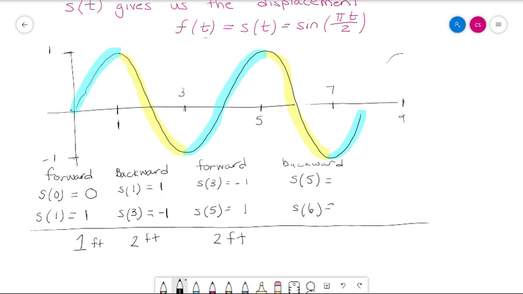In 6 seconds, that's the 0, right? We can also plug it in here. 6 divided by 2 is 3. 3 pi, sine of 3 pi is 0. All right, and we see that s of 5 is starting at 1. So how many feet did we travel going from t equals 5 to t equals 6? 1 foot. So what was the total distance traveled?